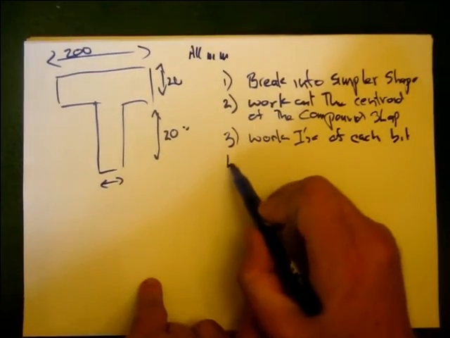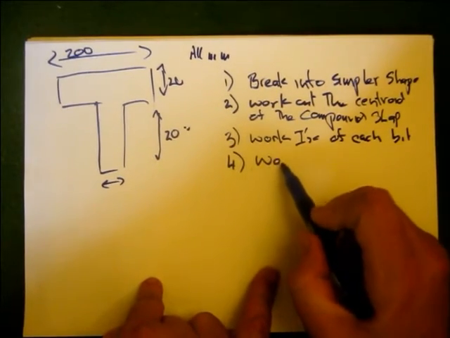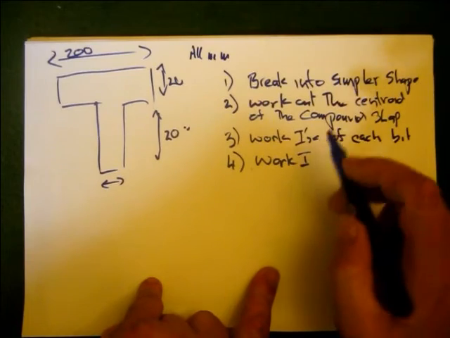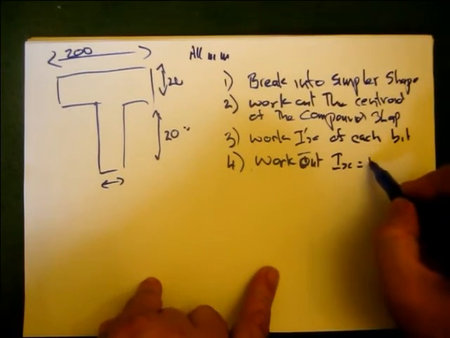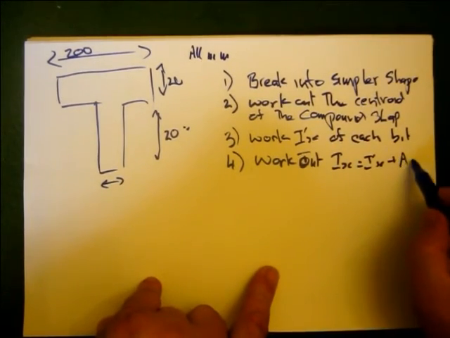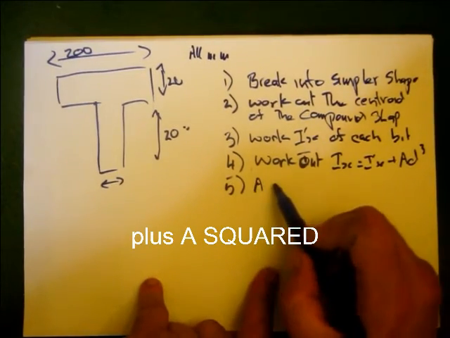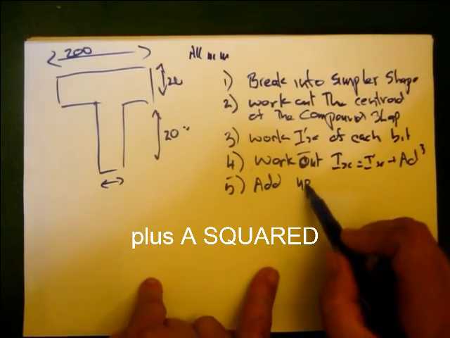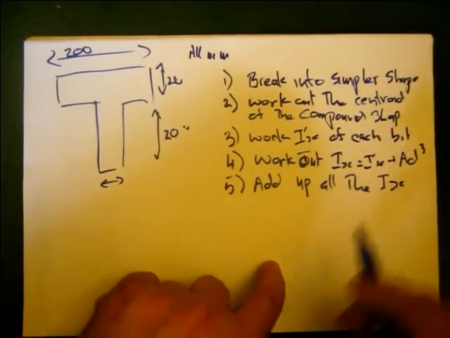And then using that, we can work out Ix equals I prime, which we just worked out, plus A d squared. And finally, add up all the Ix, and that will give you the final amount for the total system.